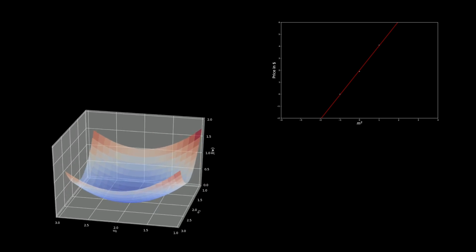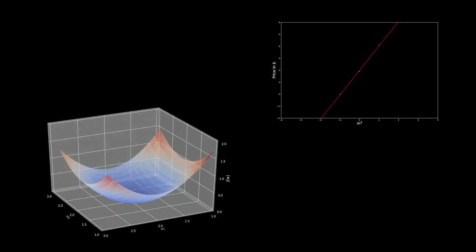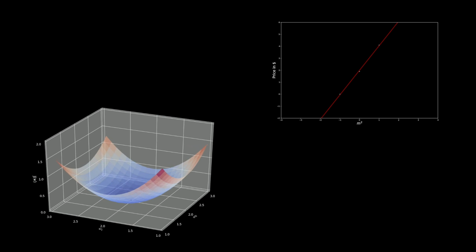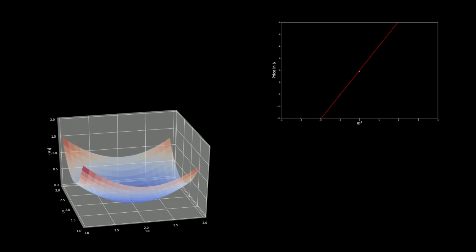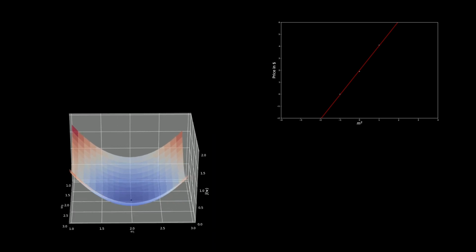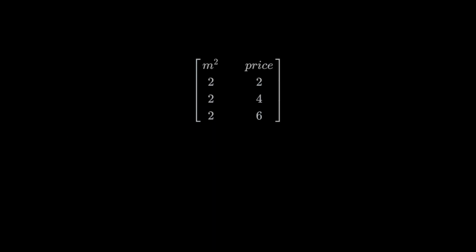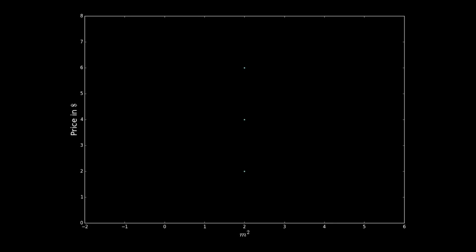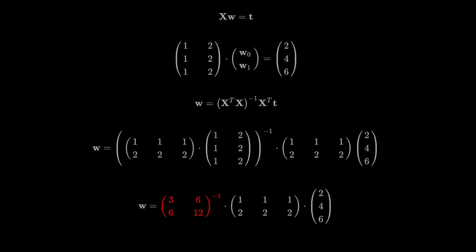That last example is the ideal scenario, but it is not always the one you'll be dealing with. In fact, there are some observations to be done regarding the dataset to be used. Now let's compute the closed form solution for another example. Here, our data samples are pretty bad, since there doesn't seem to be any correlation between the independent variable, square meters, and the dependent variable, the price. We will observe that the inversion of the matrix X transposed X becomes problematic.